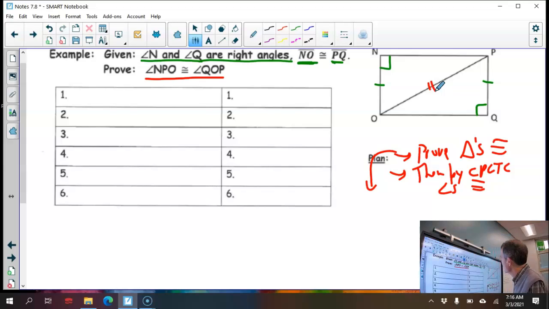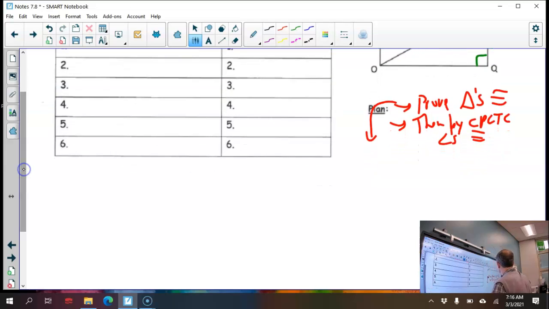That doesn't work. But, ooh, I see it. These are right angles. In these 2 triangles, I have 2 right triangles, and the hypotenuse is equal because it's the same line. And I have a leg equal to a leg. All right, I think I see it. This is going to be my plan.